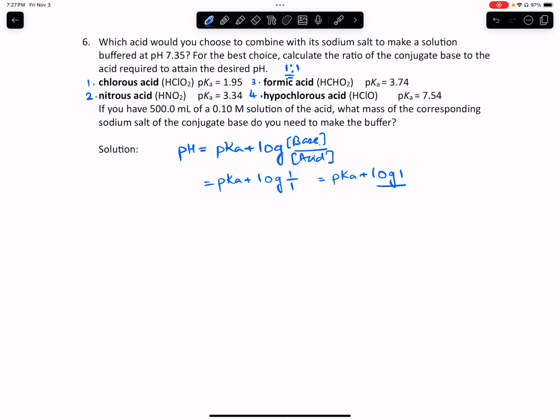Log of 1 is equal to 0, so that's equal to the pKa. So this simplifies to pH is equal to the pKa.